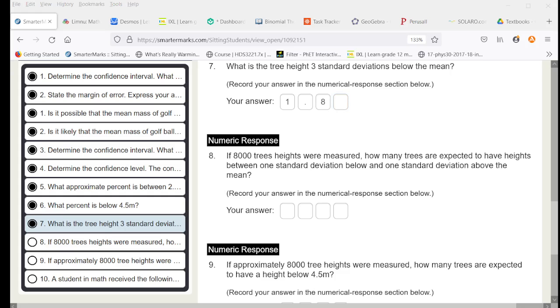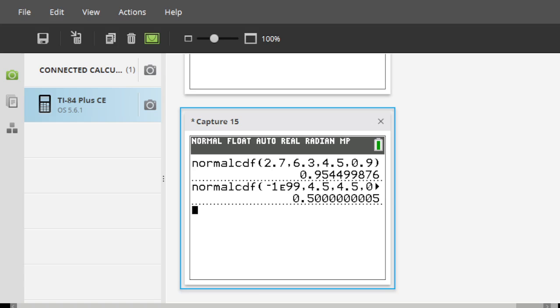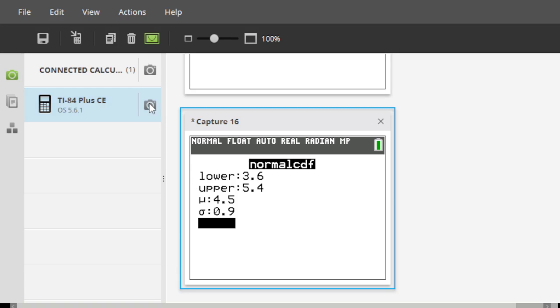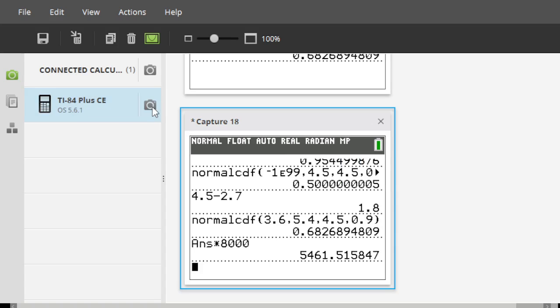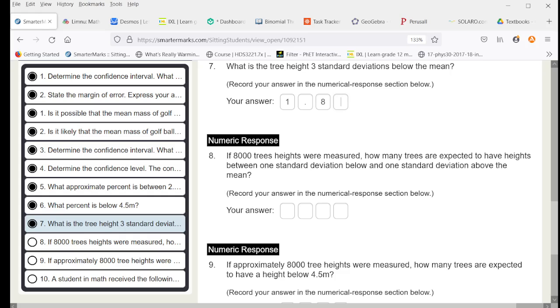So if we go back to our calculator display here, that's how we want to enter it. Lower limit is 3.6, upper is 5.4. We do that calculation. This 0.68 is the proportion of trees in that range. We multiply by the 8,000 trees we measured, and it's roughly 5,462. So there we go, 5,462.